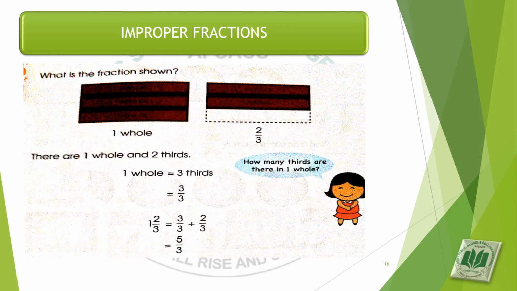This 2/3 is from the second shape. You can see here the 2 parts are shaded. So this is 2/3. So when we add these, we get the answer, that is 5 by 3, which is our required answer.